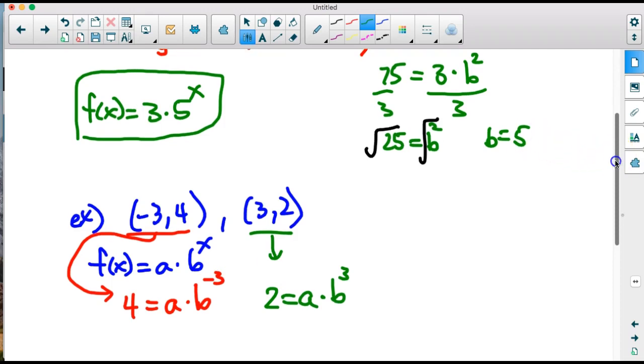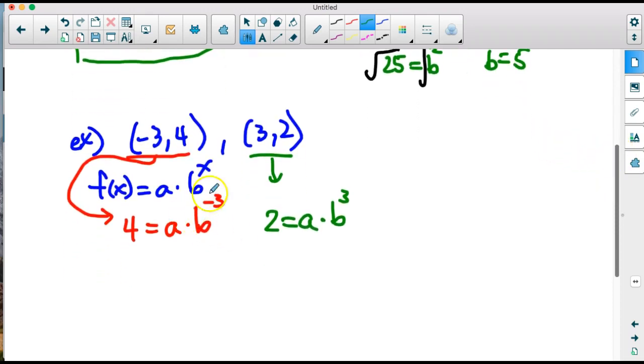Since I don't want to have to take a root or any kind of negative root to get rid of this, I would solve this for a here. So I take the red equation and solve for a by dividing 4 by b to the negative 3rd power. So we divide by b to the negative 3rd, and we get an a value of this.